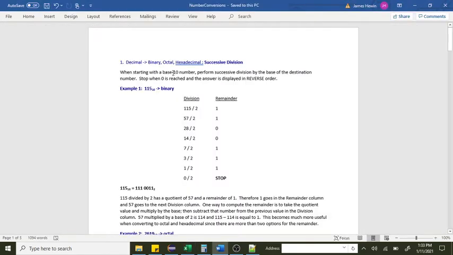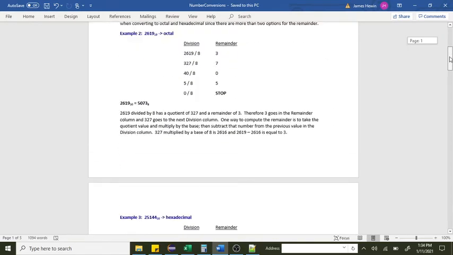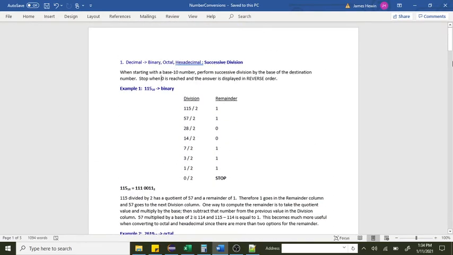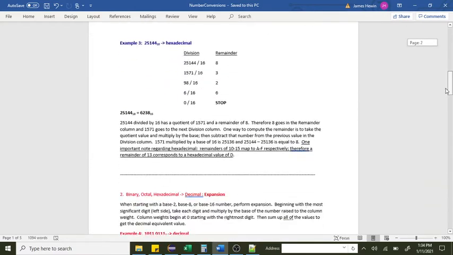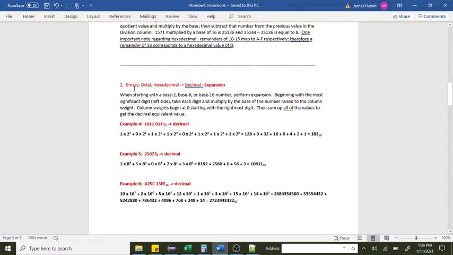I've broken this up into four categories. You have the category where you're starting with a decimal number, and you can convert to either binary, octal, or hexadecimal. The second group is going the other direction: you start with either binary, octal, or hexadecimal and go to decimal, so you're going in reverse.